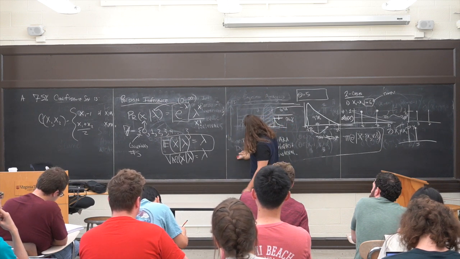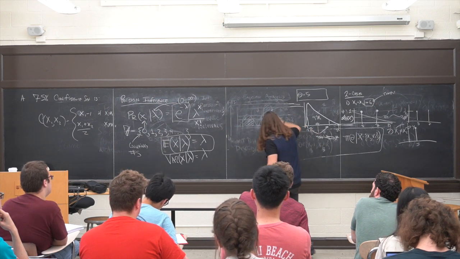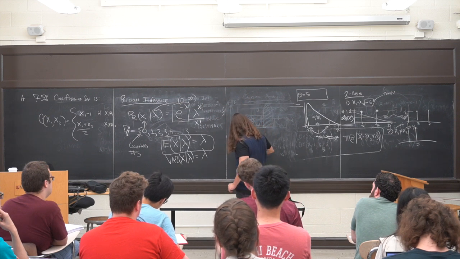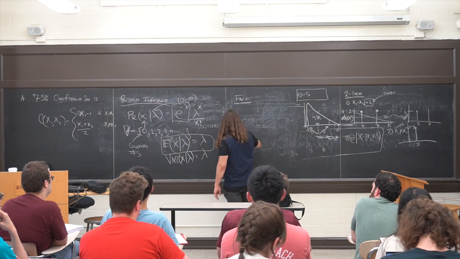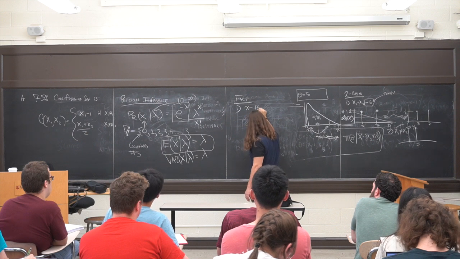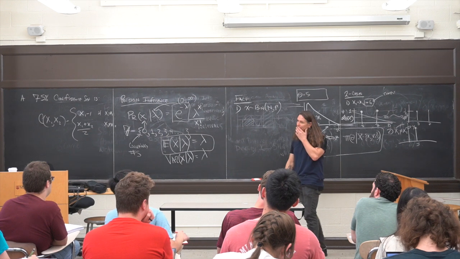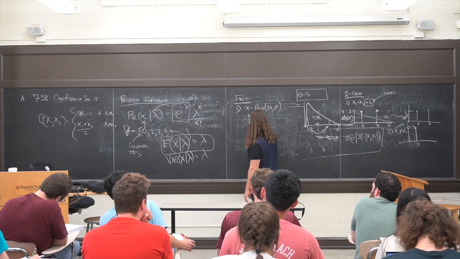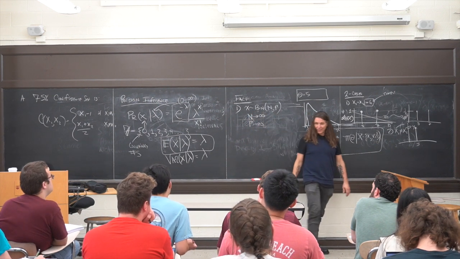Here's some facts. Fact: if x is binomial with two parameters n and p, and n gets big and p gets small, this is not enough for these things.